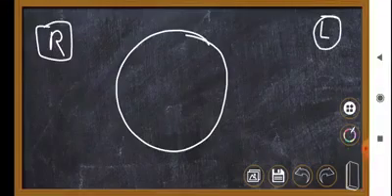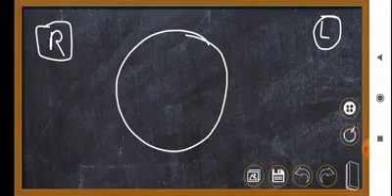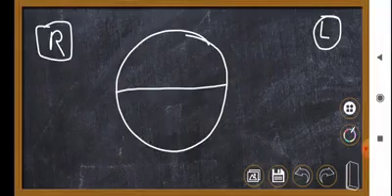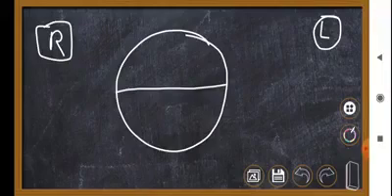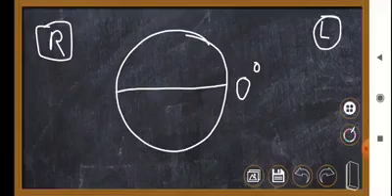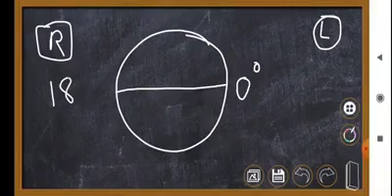So we basically divide this circle first into two with a line that is drawn just in the center of the circle horizontally, and 0 degree is on the extreme left side of the circle, and 180 degree is on the extreme right side of the circle.